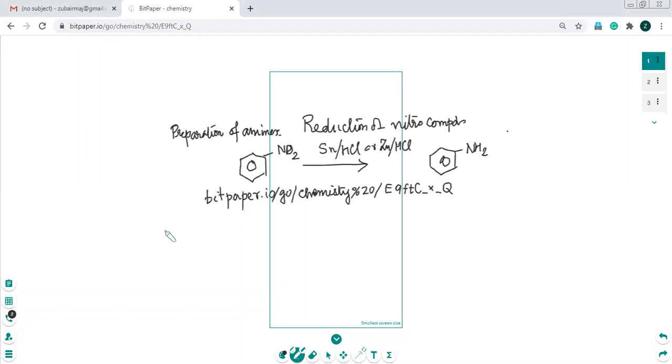Now, so there's the first method. So here is the first method.